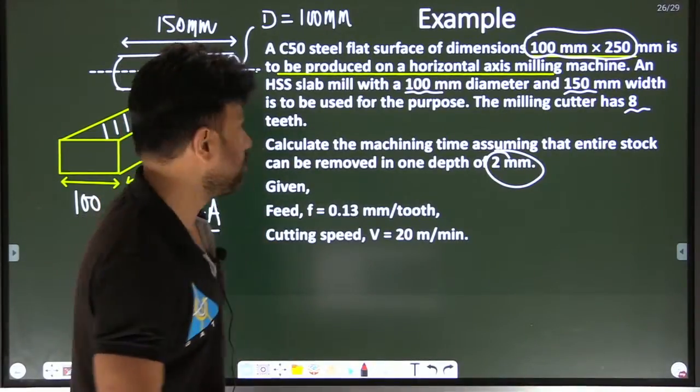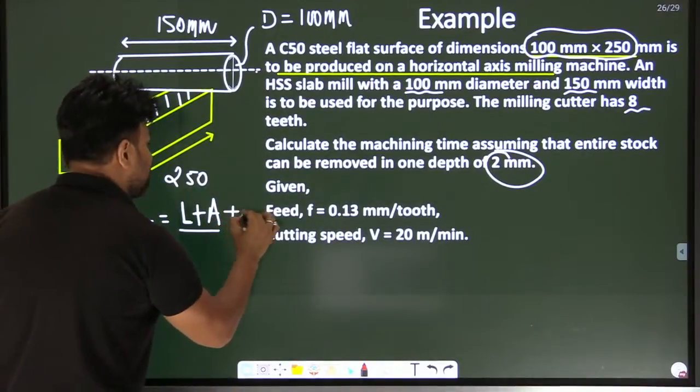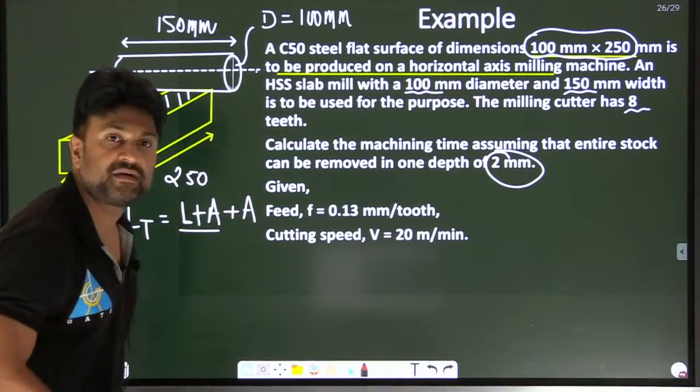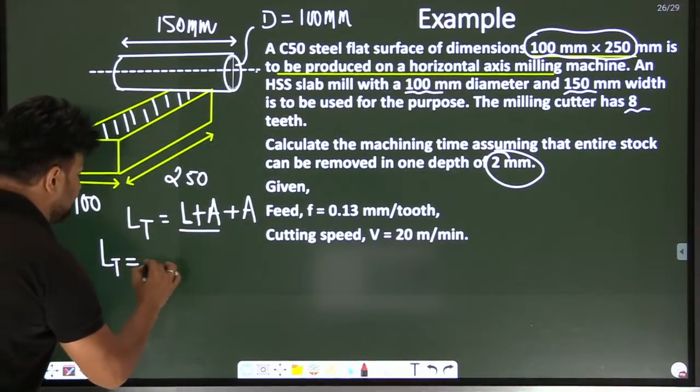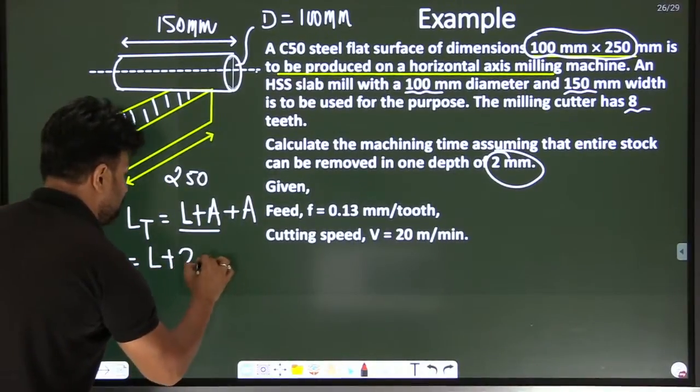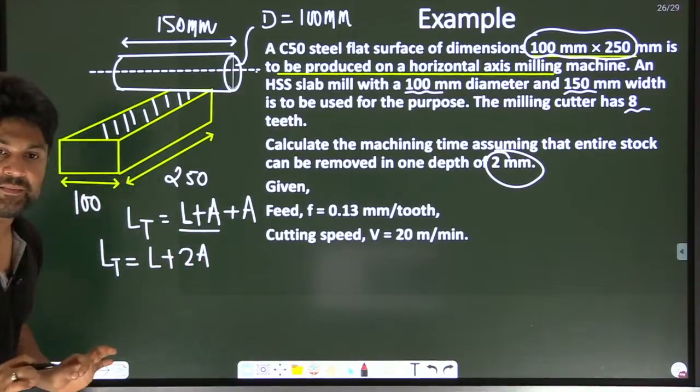So what to do? If over travel distance is not given, then you have to add A. So the total machining length becomes L plus 2A.